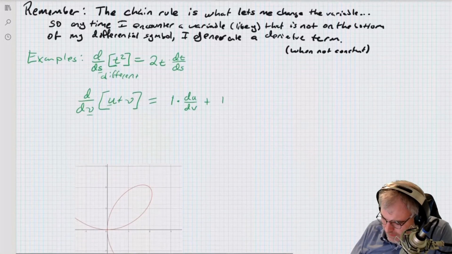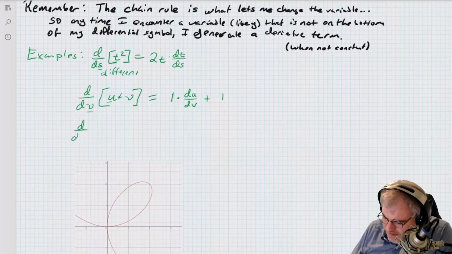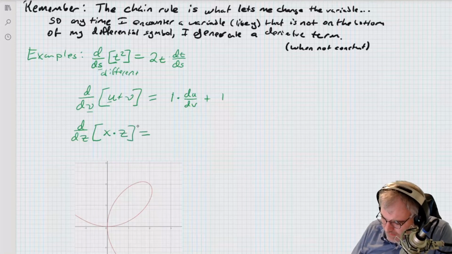Another example. d over dz of x times z equals, and I need a product. Okay. Now, this right here, I'm going to do the derivative of the first times the second plus the first times the derivative of the second.